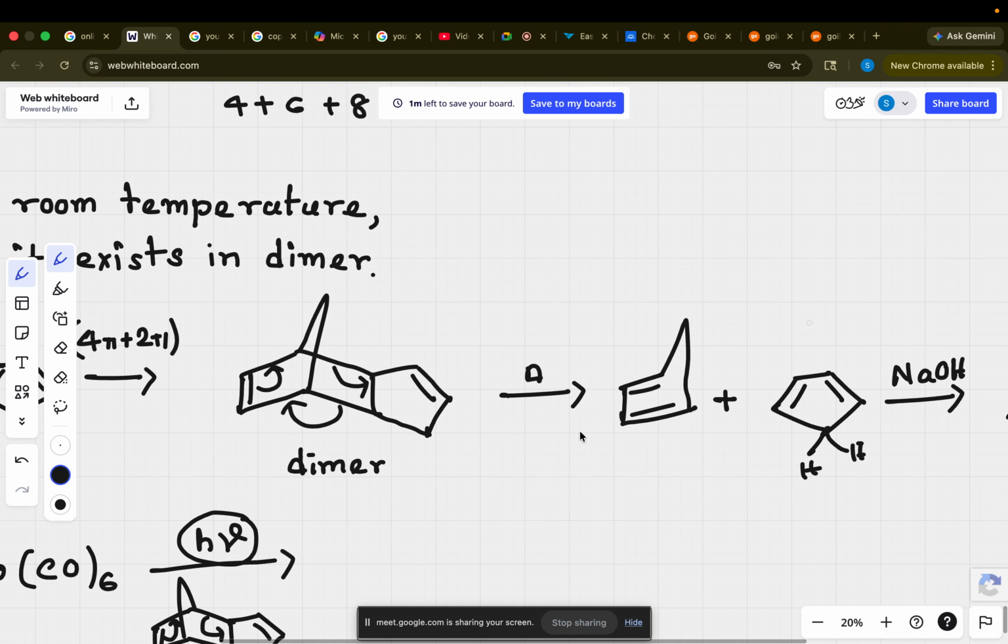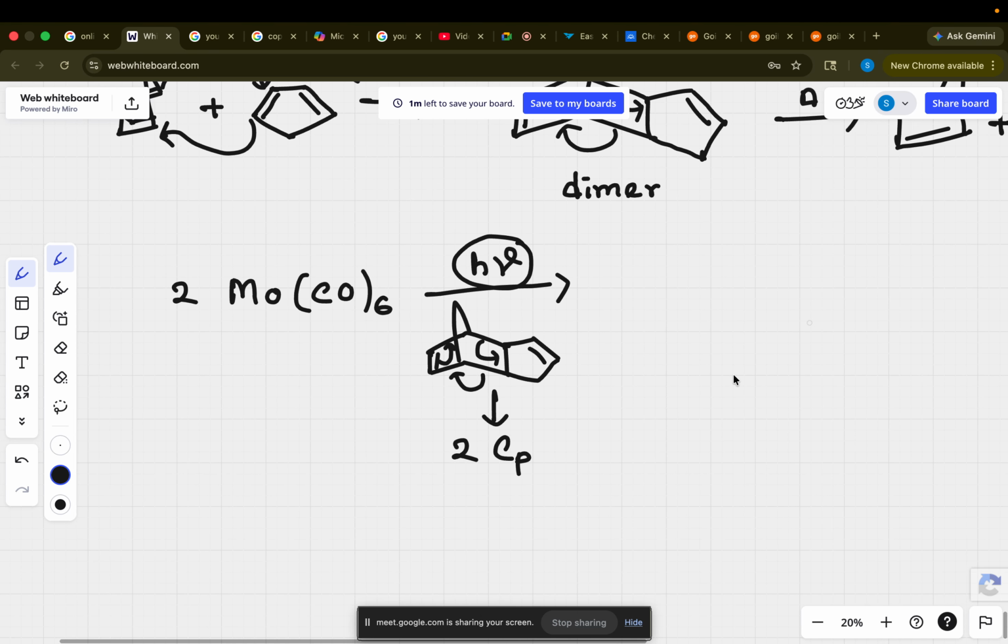You will get these 2 cyclopentadienyls back, and once you are getting these 2 cyclopentadienyl rings back, what will happen? Molybdenum. Suppose you have 2 cyclopentadienyl; this cyclopentadienyl will donate the electrons to the molybdenum center, and this molybdenum bond will form.